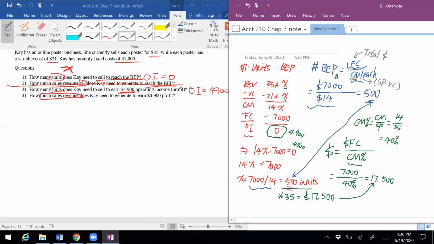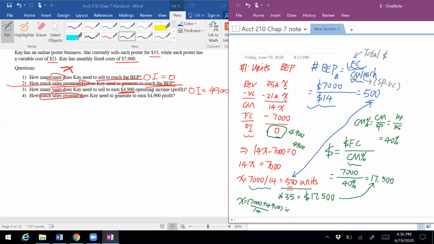If you do the math here, 14x minus 7,000 equals 4,900. 14x will equal 11,900, and then your x will be 7,000 plus 4,900 divided by this $14, and then you get your units.